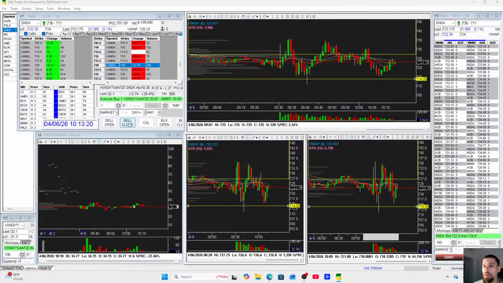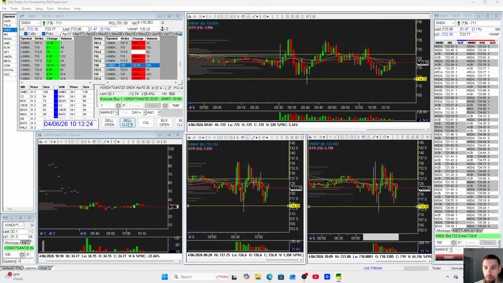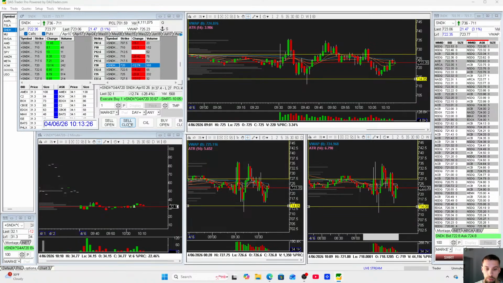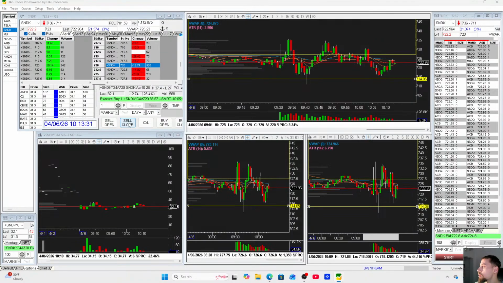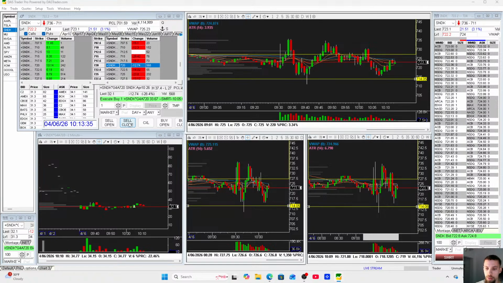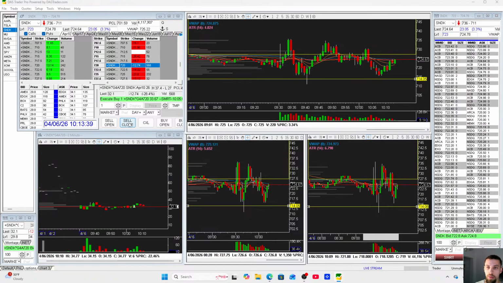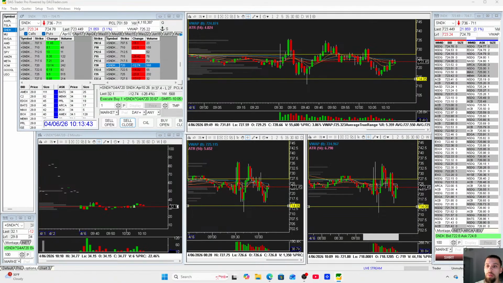So the pullback, at least move back down to what our original thesis was, has to happen relatively soon for this to work out for me. It doesn't seem like that's going to be the case.